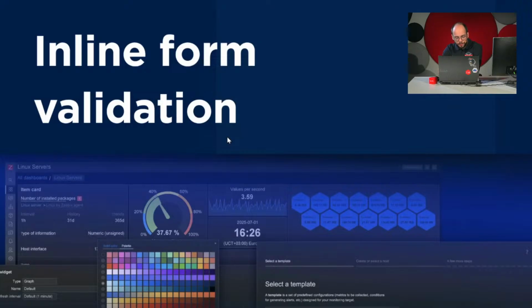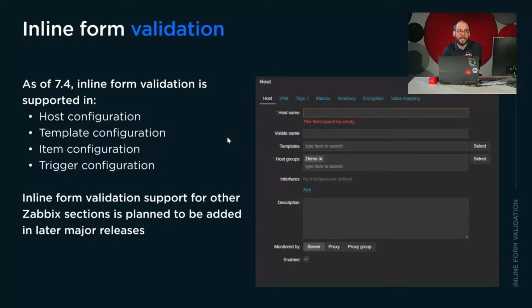Another really great feature that'll be helpful to everyone. This has already saved me a lot of headache. I work with Zabbix day to day with the latest versions, and even I mess up sometimes, right? Everybody does, especially when configuring complex triggers or items. So, inline form validation. As of Zabbix 7.4, we've added inline form validation for host configuration, template configuration, item configuration, and trigger configuration.